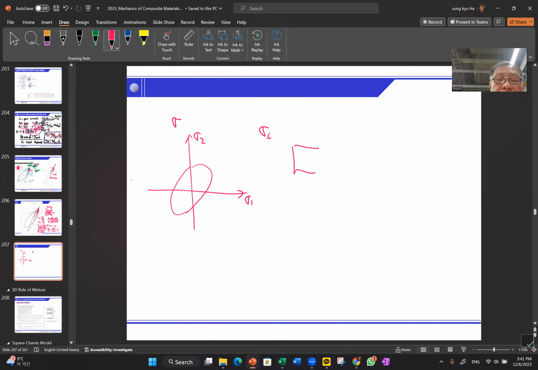We can always have a laminate with sigma 1, sigma 2 and sigma 6, right? That is the three components. How can we consider sigma 6 in this envelope? So this one was with sigma 6 equals 0. Now imagine that we have, say, sigma 1, sigma 2 and sigma 6.